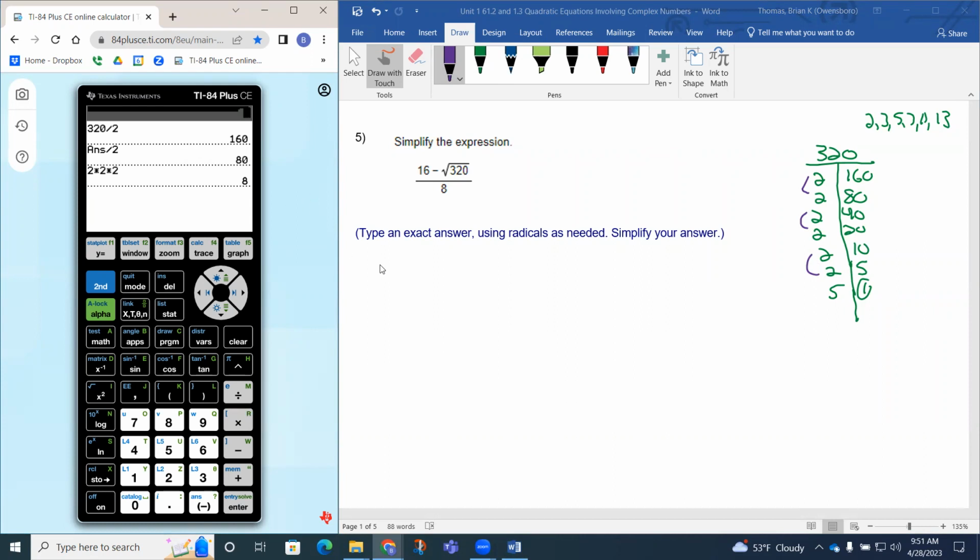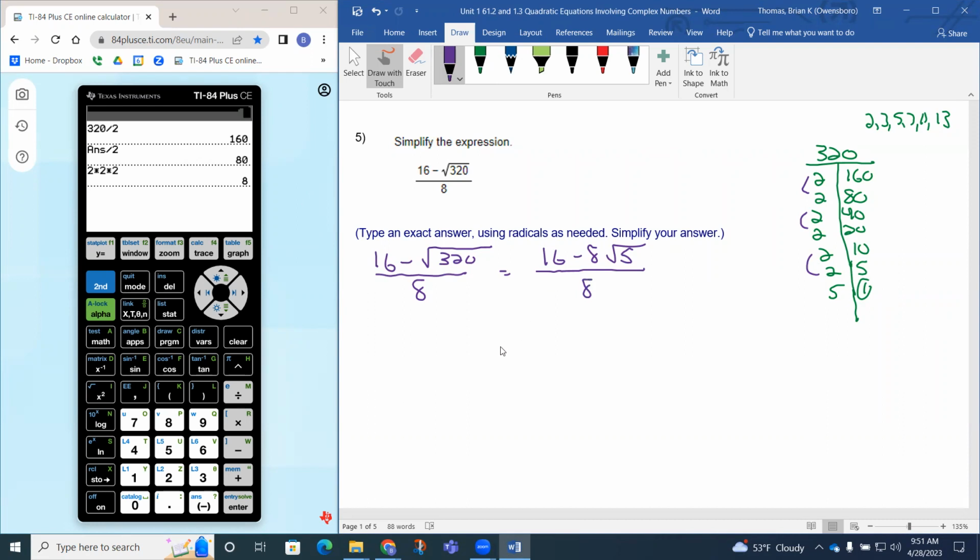So in my problem, the 16 minus the square root of 320 over 8, the square root of 320 is going to change first. So we're going to bring an 8 out, so it's going to be minus 8. And the only thing left over was the 5. So the 5 stays inside there like that. And then this is going to be over this 8.